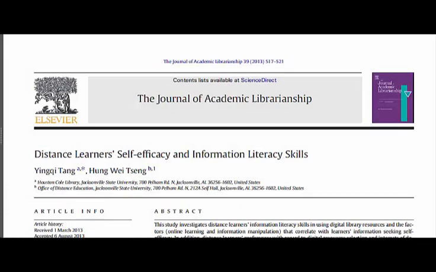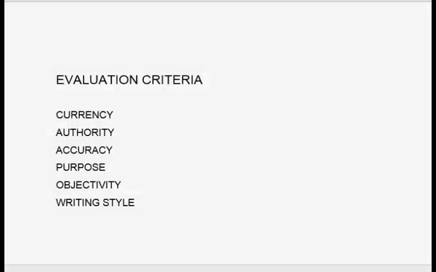Based on our evaluation of all the criteria, we come to the conclusion that this article can indeed be used if you must write an assignment on this topic. We hope that this video helped you to evaluate an information source using the adopted criteria, that is currency, authority, accuracy, purpose, objectivity, and writing style.